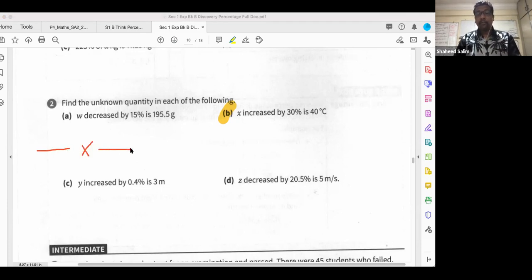You know? All right, first of all, we write down what is the relationship. X is increased by 30%. X is the total. So X down here is 100%.